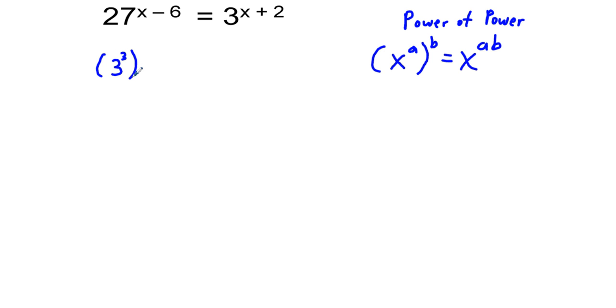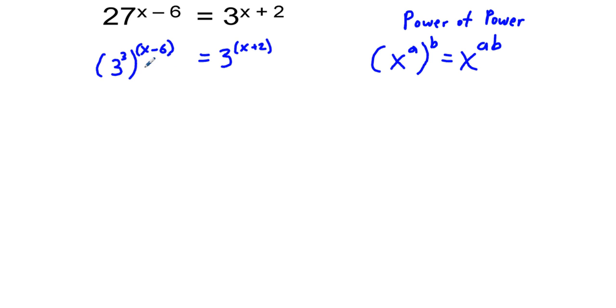So we take 3 to the power of 3, and on the outside, we raise that to the power of x minus 6. We're just bringing down the x minus 6, and on the right side, we're going to keep 3 to the power of x plus 2.